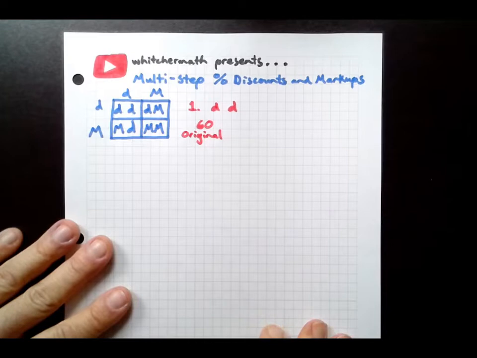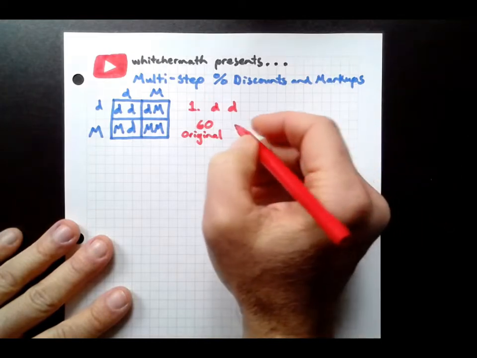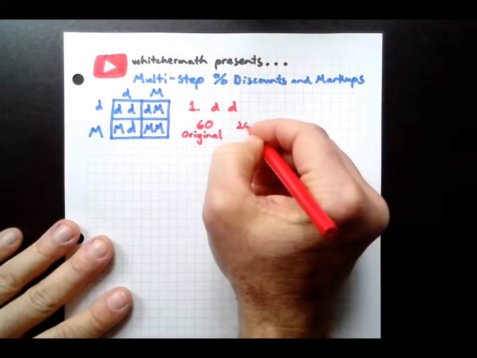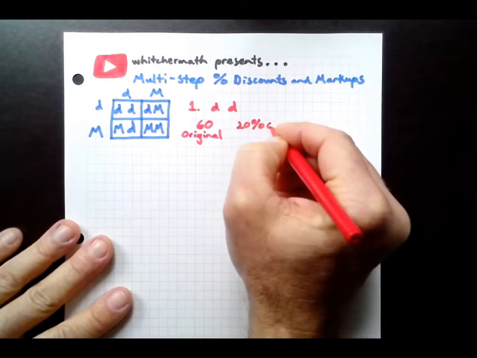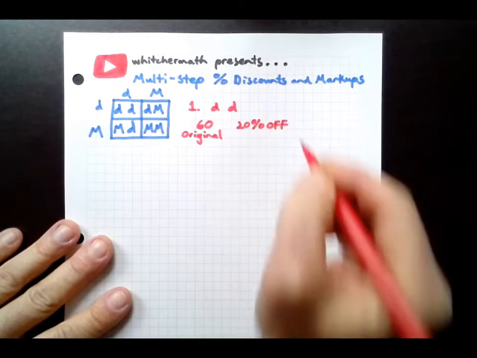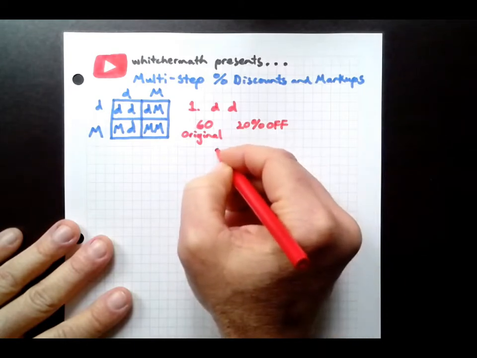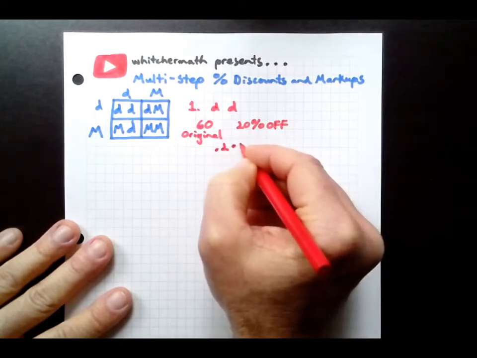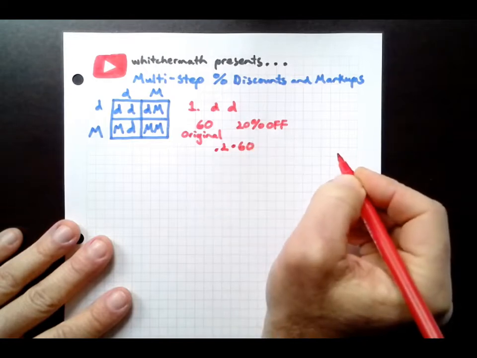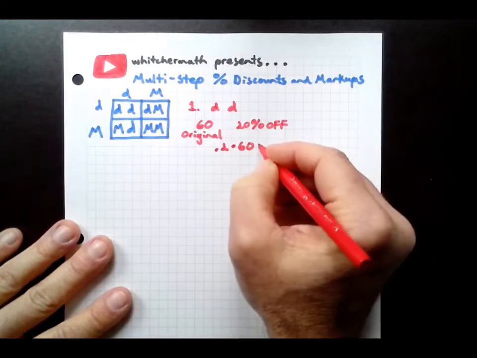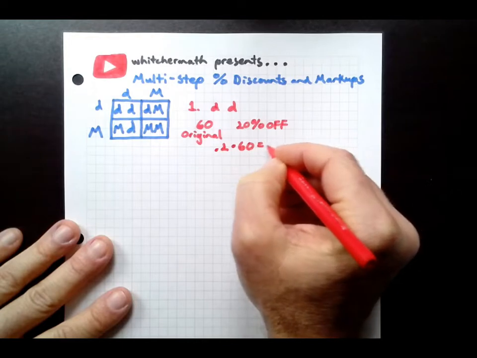It can represent anything in the real world. And if I want to take 20% off, I can say, what is 20% of 60? And the answer is $12, or 12.